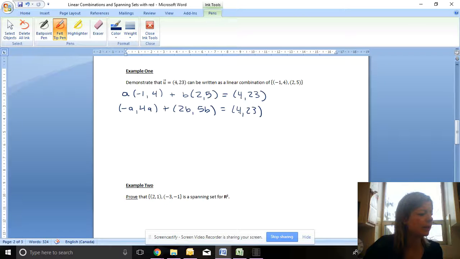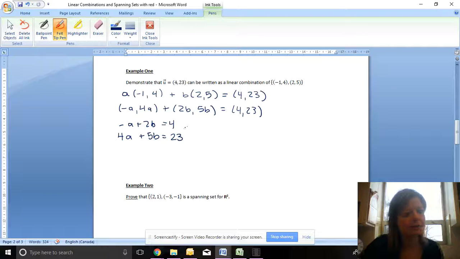From this, we can create two linear equations. The x's would have to add to 4, and the y's would have to add to 23. Now this is just a grade 10 linear relations question, so you can use substitution or elimination.